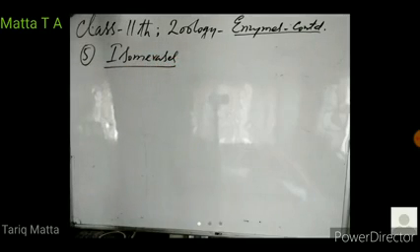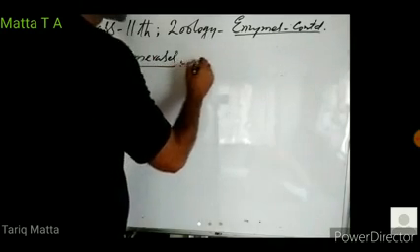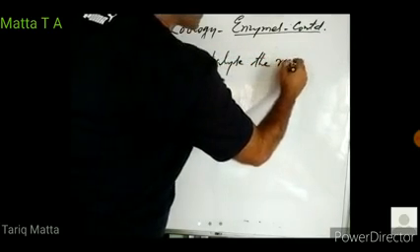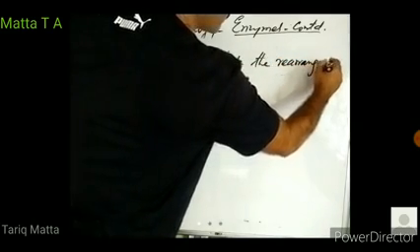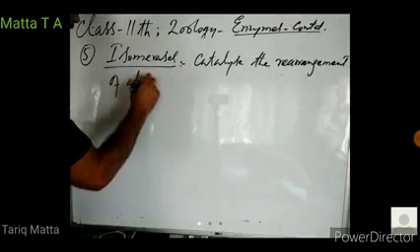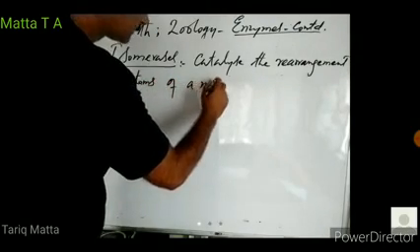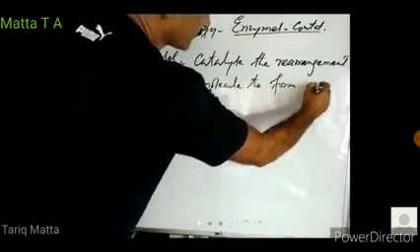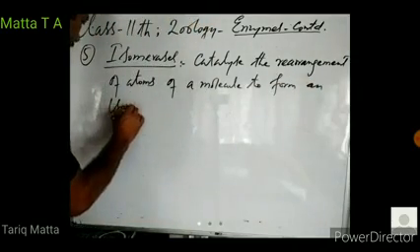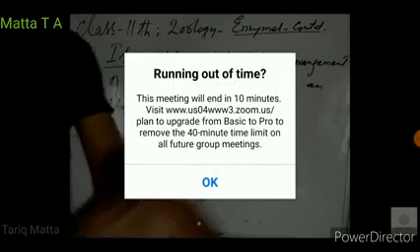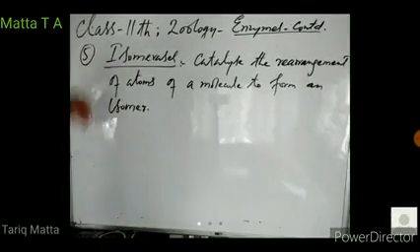What are these isomerases? They are the enzymes which catalyze the rearrangement of atoms of a molecule to form an isomer. So they are involved in catalysis of rearrangement of atoms to form isomers.